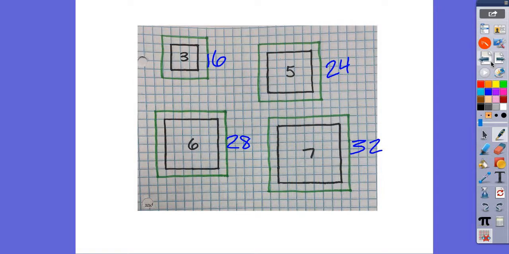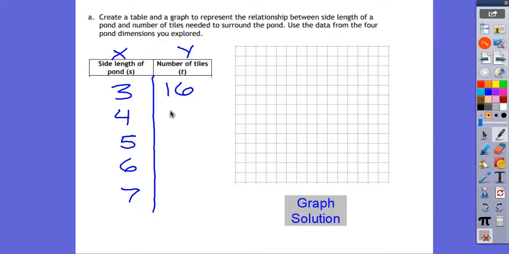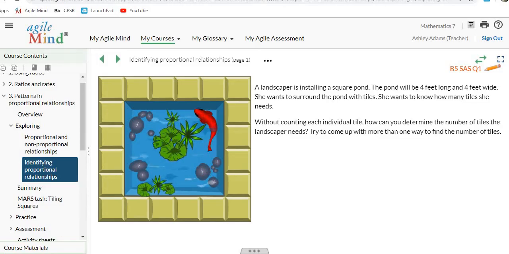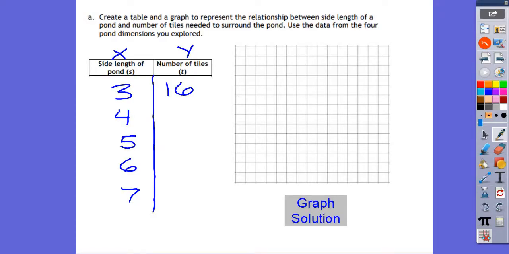Looking at my 4, how many tiles was around my 4? 20. How many tiles was around my 5? 24. Around my 6, 28, and then, do you see a pattern? Plus 4. They're adding 4 every time.